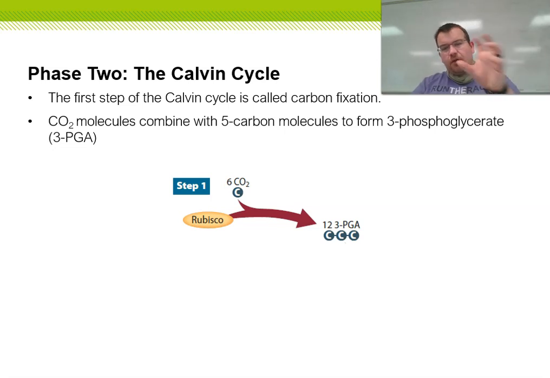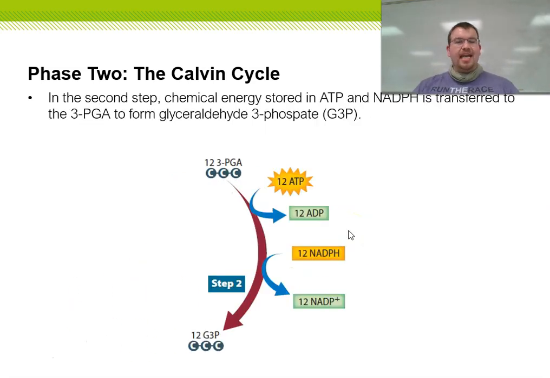So this is the first step. We're starting with some carbon dioxide that will combine together and we'll end up with 12 3-PGA. In the second step, chemical energy stored in ATP and NADPH is transferred to the 3-PGA to form glyceraldehyde 3-phosphate, or as we like to abbreviate it, G3P.